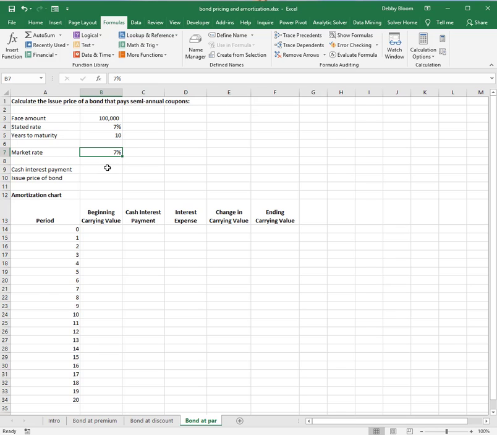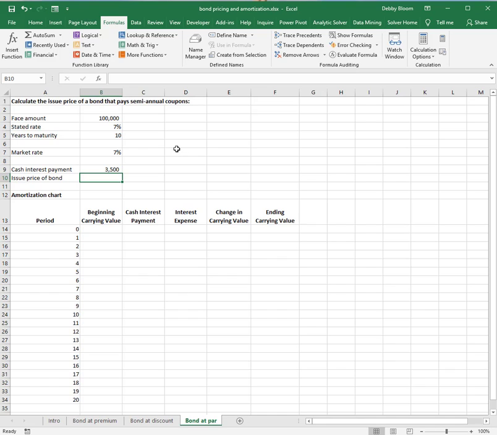So we're going to calculate our cash interest payment the same way we did before. Take an equal sign, take the face amount, cell B3, multiply it by the stated rate, cell B4, and then divide by 2 because it's semi-annual. So our cash interest payment is $3,500 every 6 months.